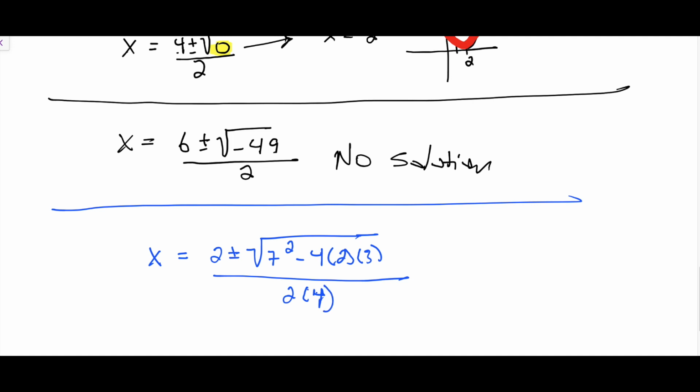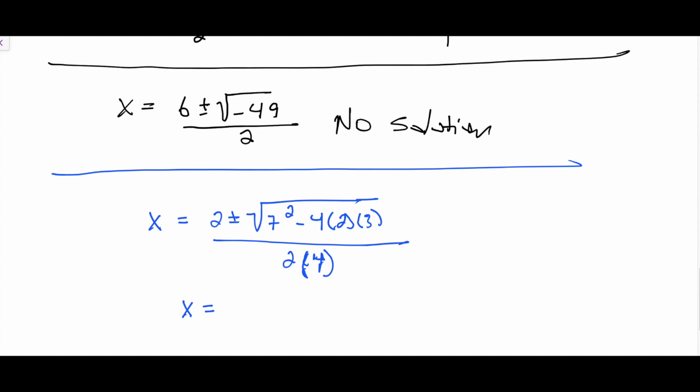All right, so we need to simplify that. You do first what's inside there: 49 minus 4 times 2 is 8, times 3 is 24, and then all over 8.